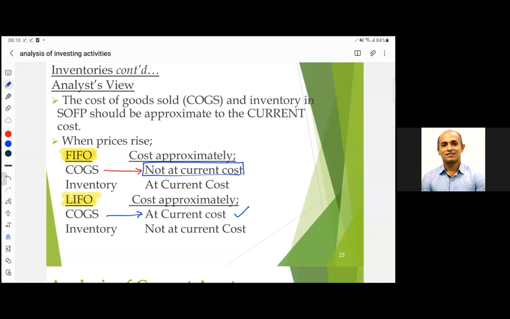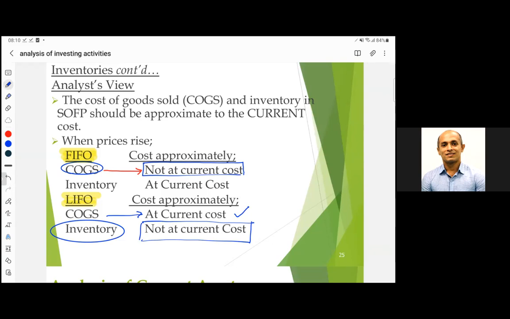The inventory value is not at current cost. So under LIFO method, the issue is with inventory. But under FIFO method, you have an issue with cost of sales. So we'll discuss these two points.